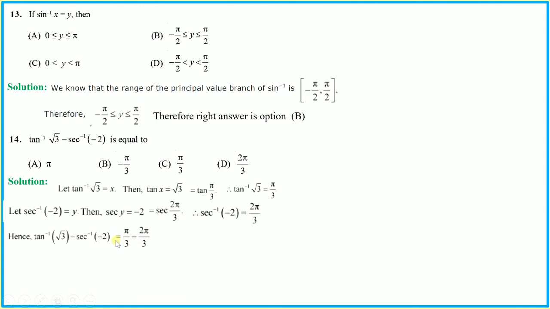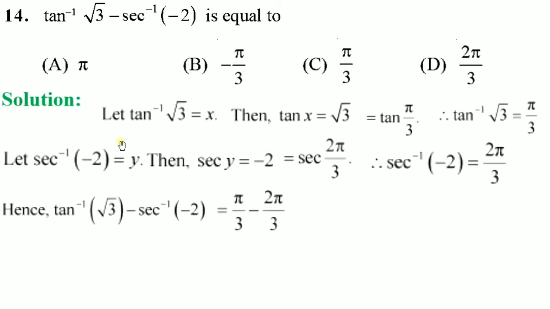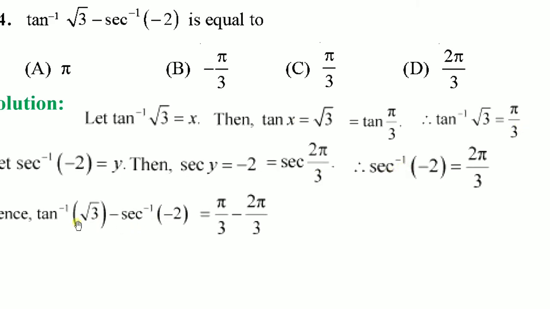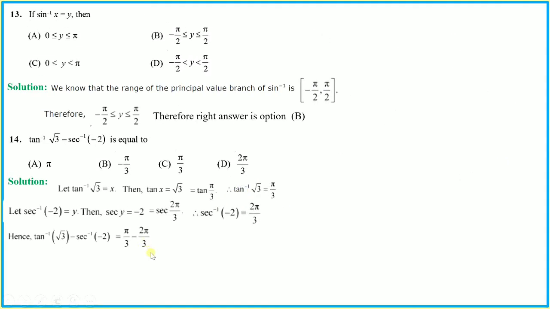Tan inverse root 3 has value pi by 3, so we put pi by 3, then minus, and sec inverse minus 2 has value 2 pi by 3, so we put minus 2 pi by 3. Taking the LCM 3, we get pi minus 2 pi, which is minus pi by 3. That's all about this exercise.